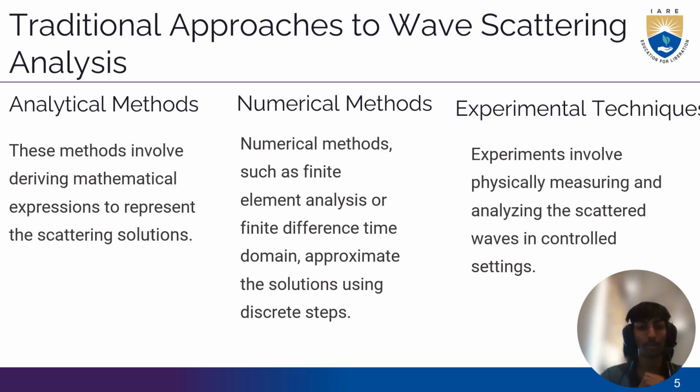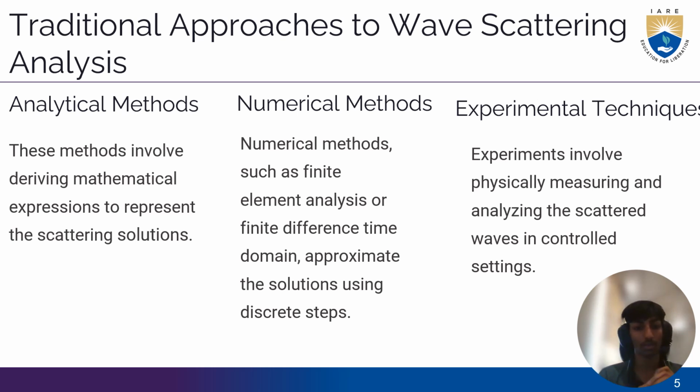The traditional approaches of wave scattering analysis. There are three types: analytical methods, numerical methods, and experimental techniques. Analytical methods involve deriving mathematical expressions to represent the scattering solution.